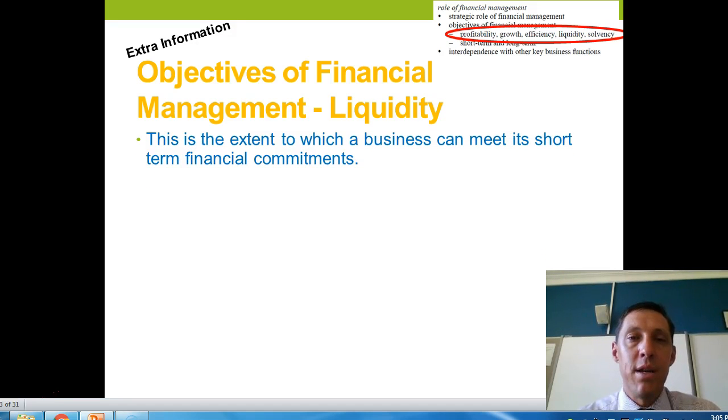So it's really about meeting its short-term objectives. Does the business have enough current assets, cash, stock, accounts receivable, that can be converted into cash, which will allow it to meet its current liabilities? Like I said, they are generally a bank overdraft and your accounts payable. Does it have enough? If it doesn't, the business is facing illiquidity.